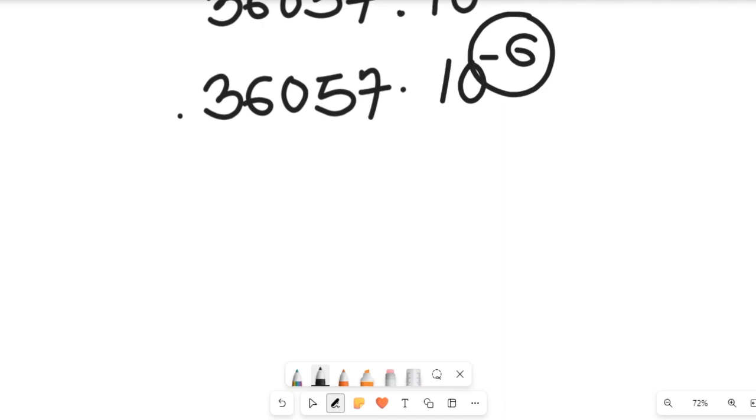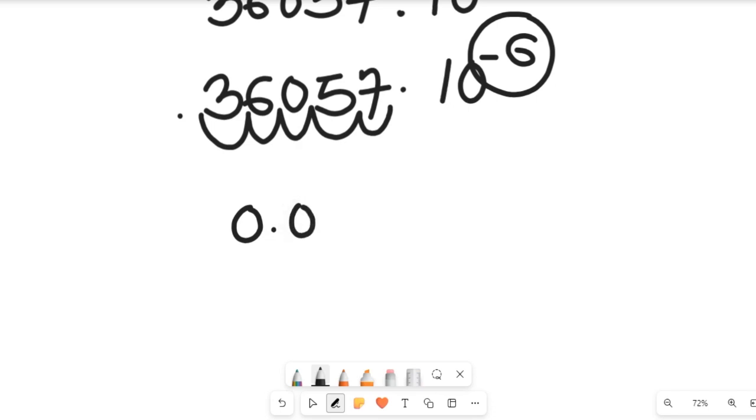So how many movements do we have from here? We'll have 1, 2, 3, 4, and 5. So definitely we need one number before 3 to make it 6. So this will give us 0.